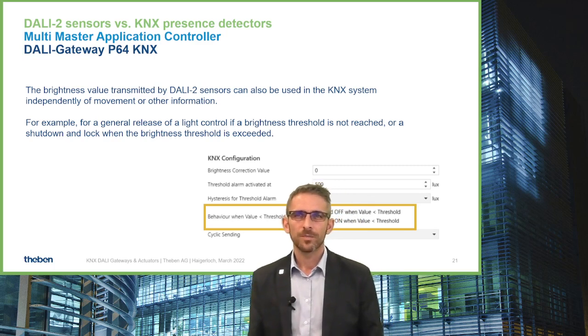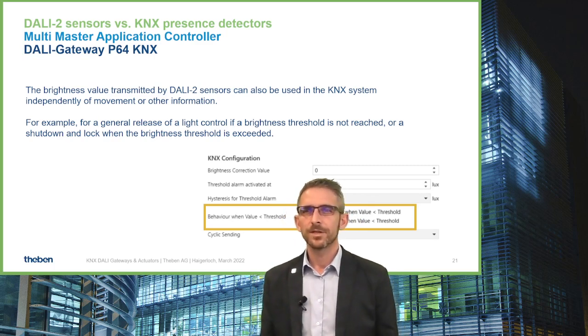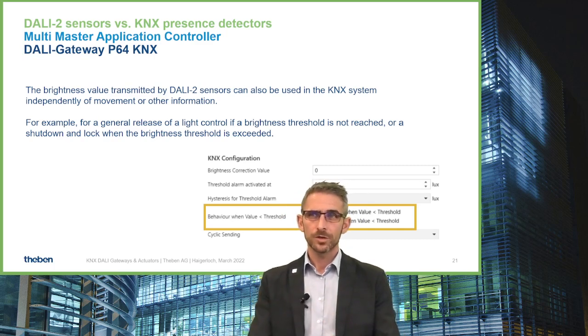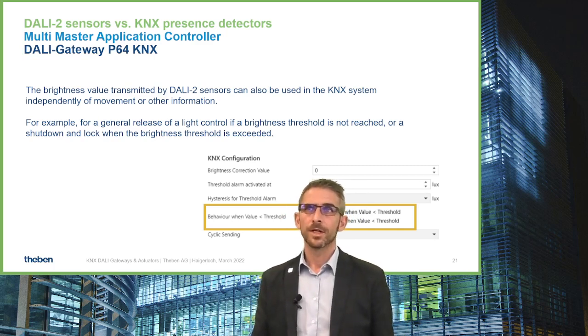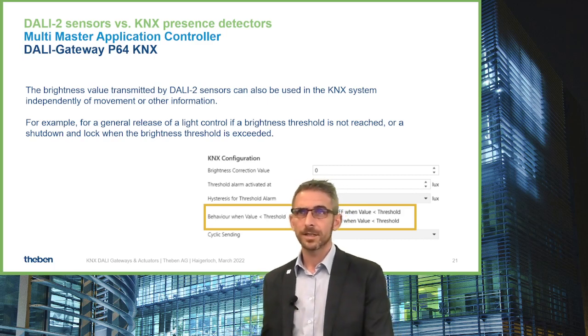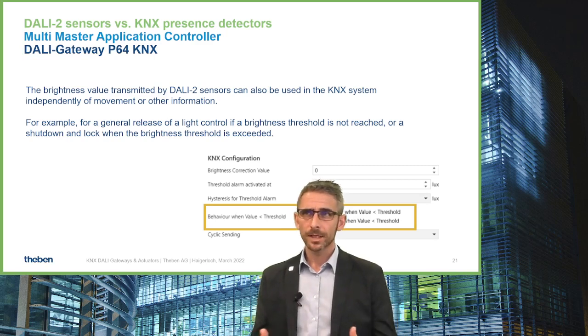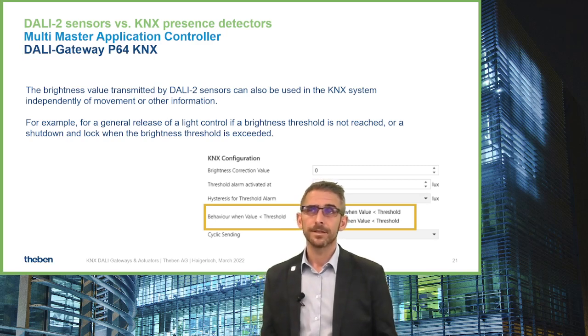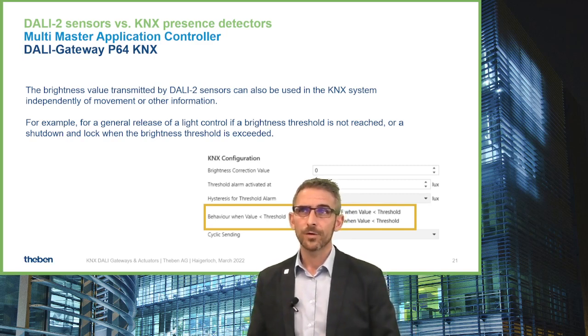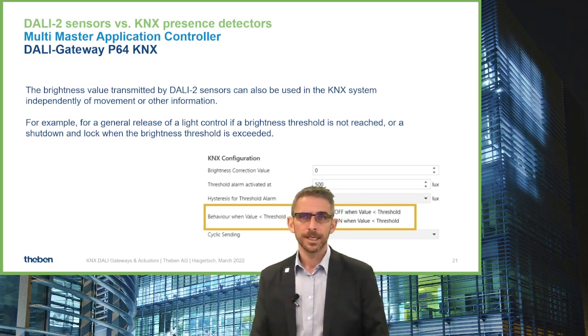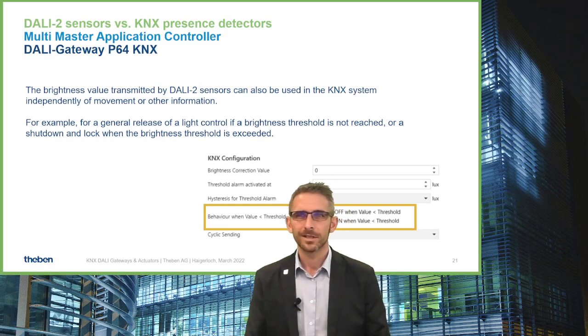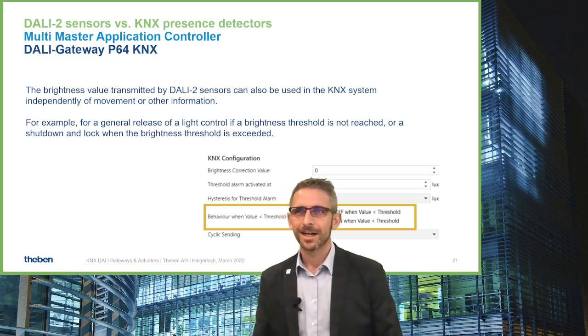So there are a lot of possible applications, and the benefit is definitely that we only have to set this in one application, in the application of the Multimaster Application controller, and we do not have an application from a KNX detector and a DALI gateway. It's combined in one application, and yes, definitely we have a much easier wiring, because we do not need the KNX green wire in the ceiling together with the DALI control gears.